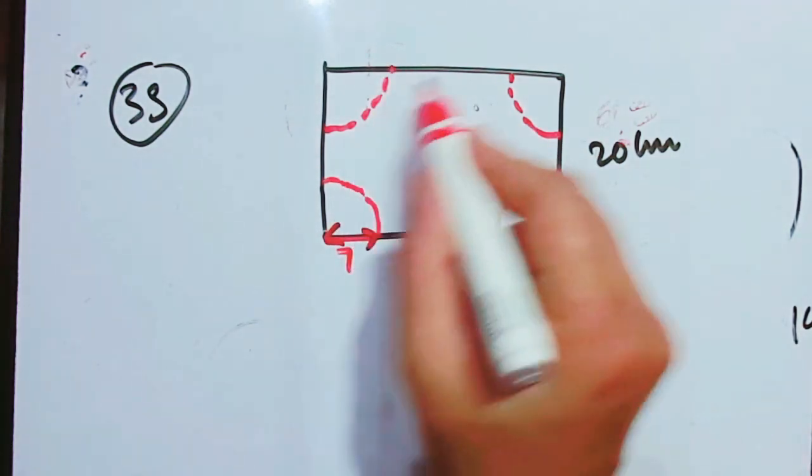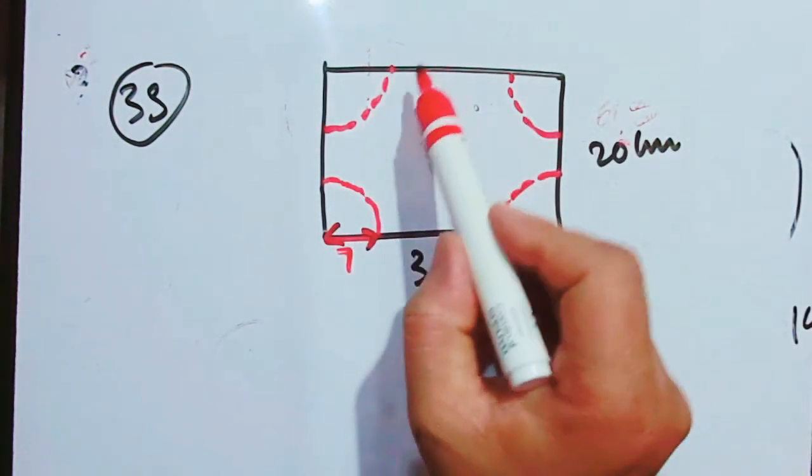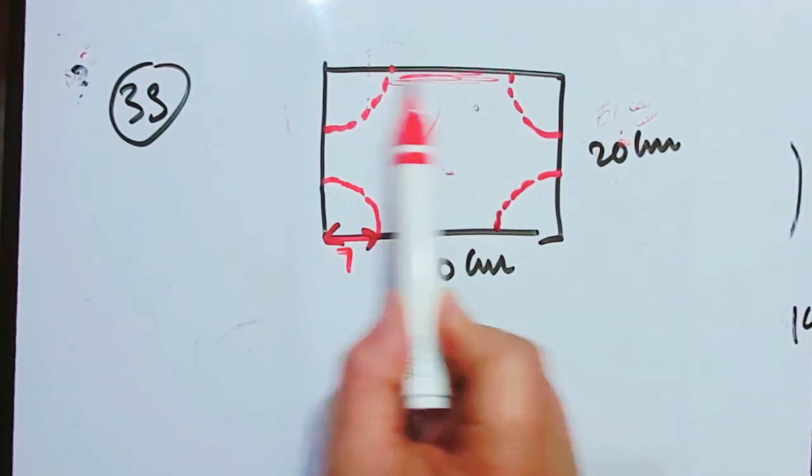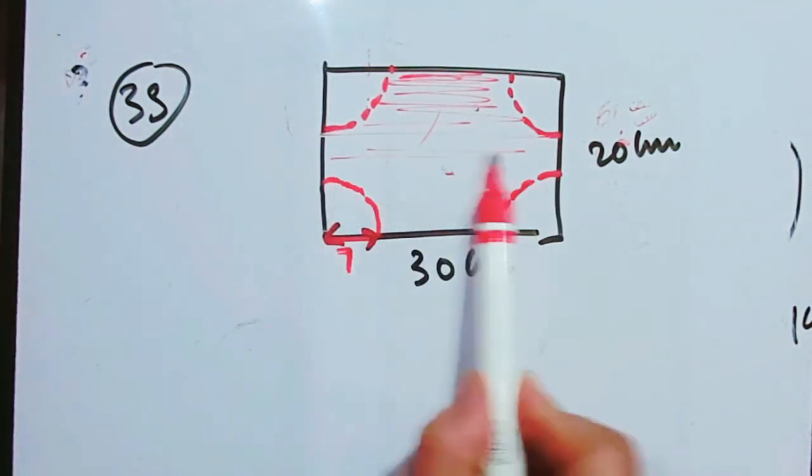Now they want you to find the area of the remaining paper, means the area of this particular portion.